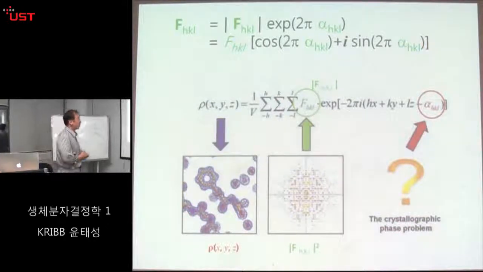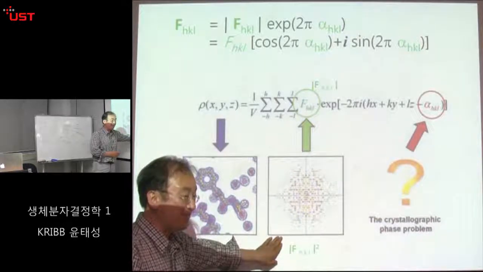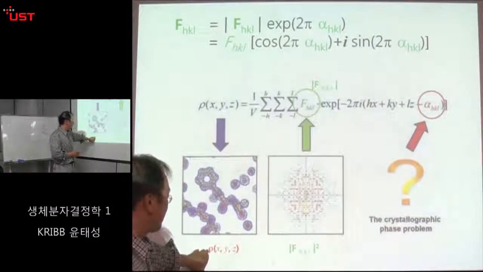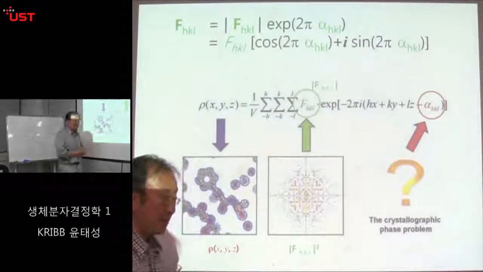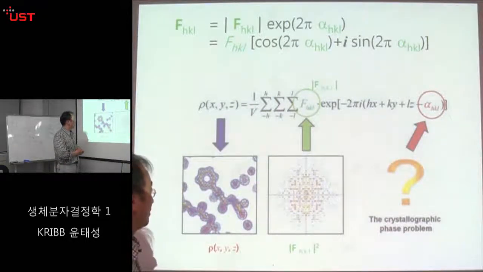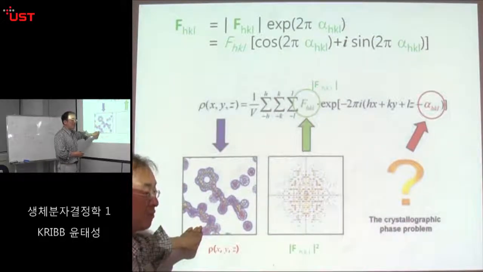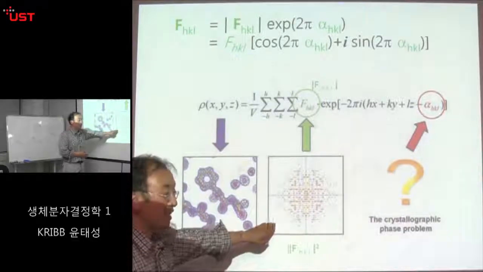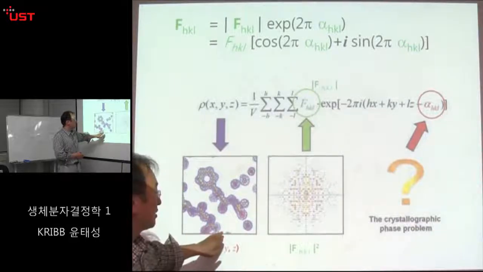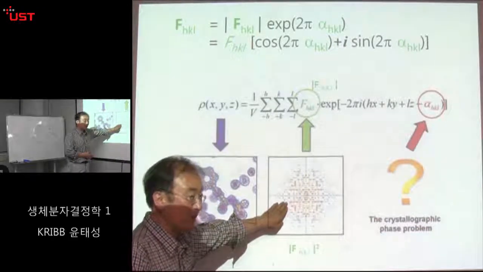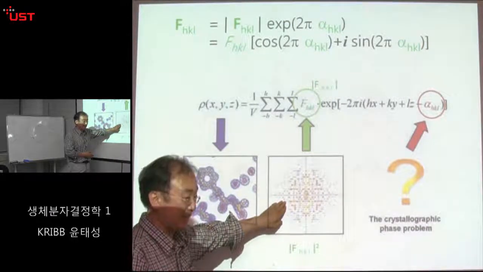Here we talked about electron density and diffraction data, F HKL, in terms of symbol, electron density rho XYZ, and intensity HKL. Okay. I told you we are not starting the experiment with electron density because this is our target result. This is our beginning. Although the textbook is talking about protein structure, what we are dealing with initially is a crystal sample. Starting from crystal sample, we get diffraction data.